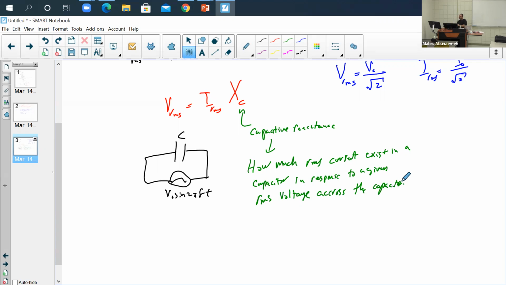So capacitive reactance is how much root mean square current exists in a capacitor in response to a root mean square voltage across the capacitor.